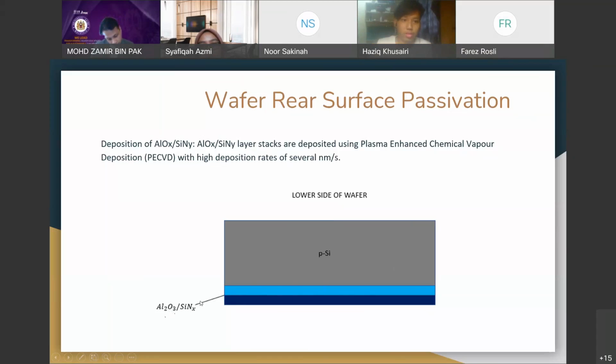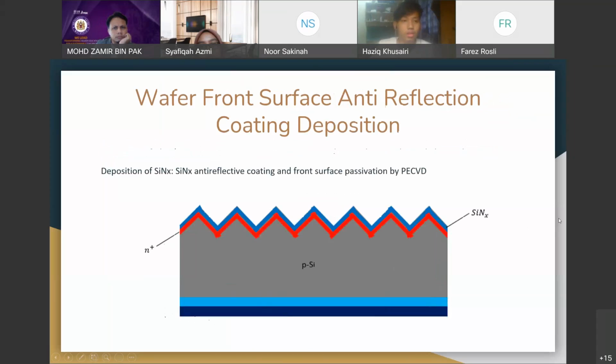It was not good enough, and then they moved on to silicon nitride as a dielectric, and then they also moved on to aluminum trioxide. I'm not finished yet.